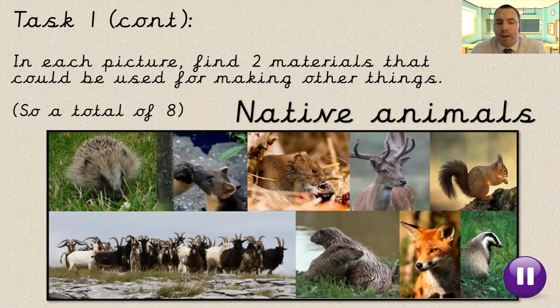You quite often will find artifacts from the Viking times where they've used antlers to make handles for knives and swords. They've used the mink, the animal in the top row, second from the left, next to the hedgehog. They've made soft clothes out of it. They've used the leather from the goats to make their shoes. So there's lots of uses of the animal products there.